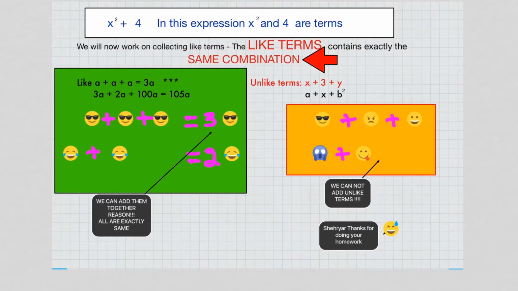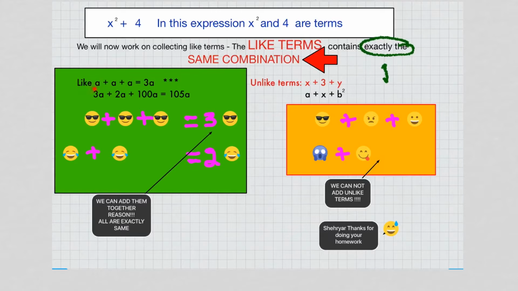The next thing, we will now work on collecting the like terms. What are the like terms? Like terms contain exactly the same combination. This is what we see in the like terms. I'll show you some examples here.